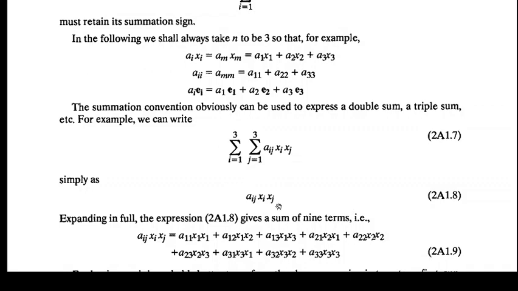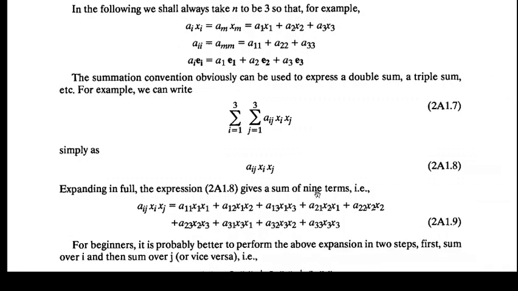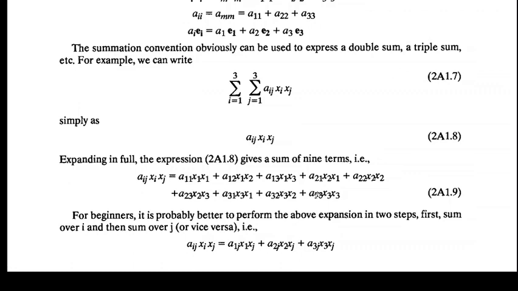Now, if you have aij, xi, xj and you want to expand it, how can you do it in a very simple way? It has 9 terms.